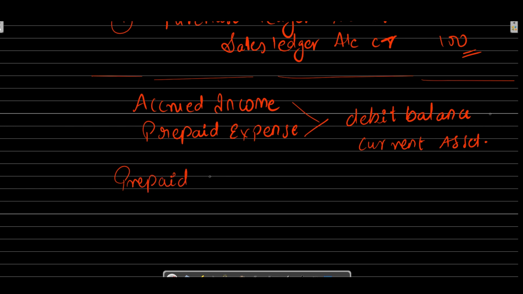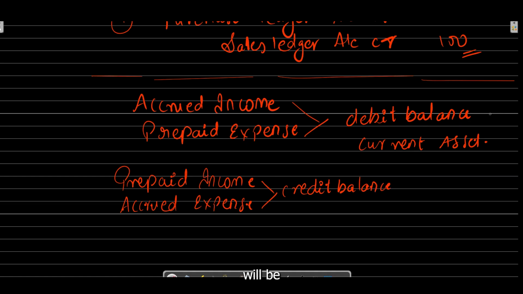Prepaid income and accrued expense would always be considered as a credit balance.